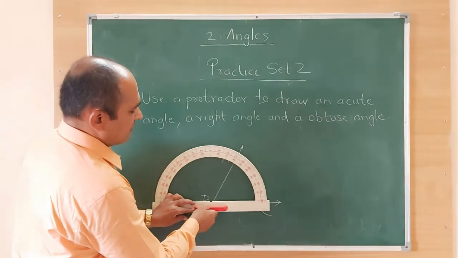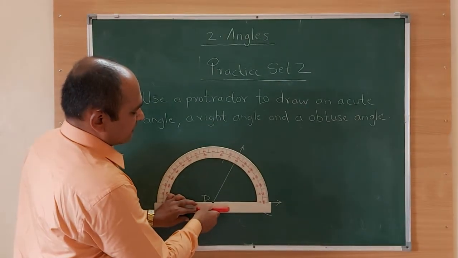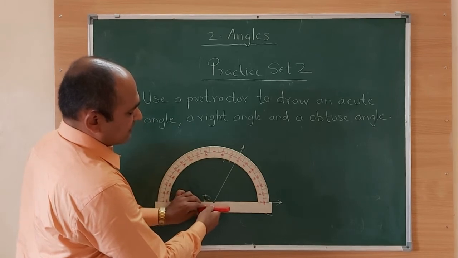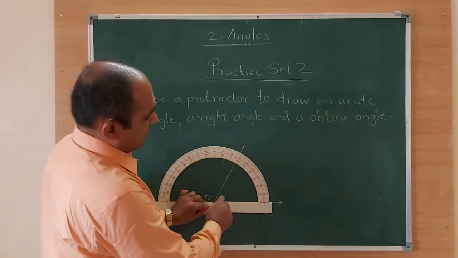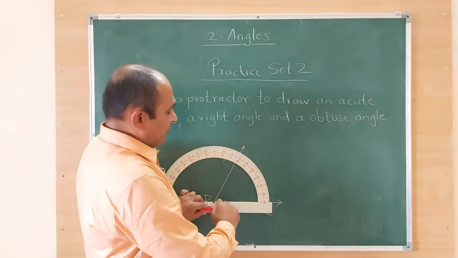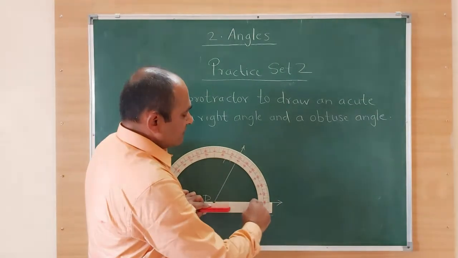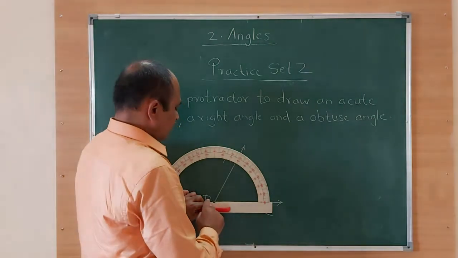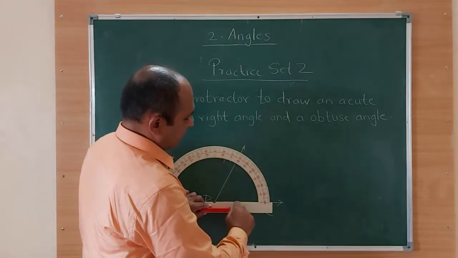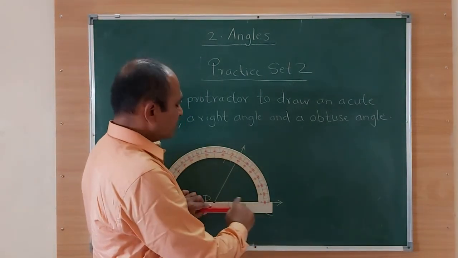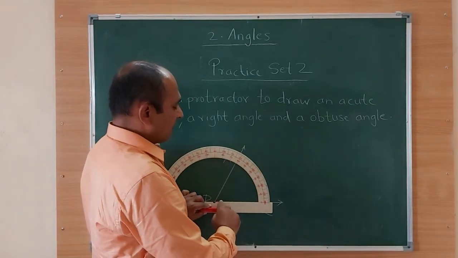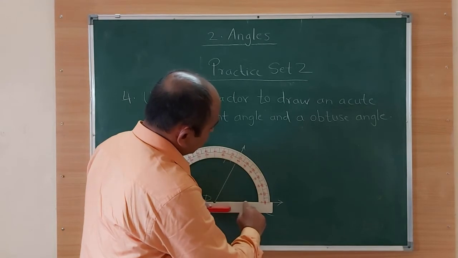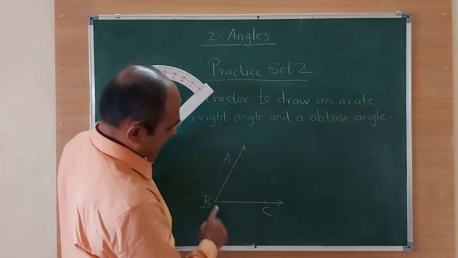So I will keep it like this. My baseline, also called the line of reference, should align with one arm of the angle. Now this baseline is on the arm BC.